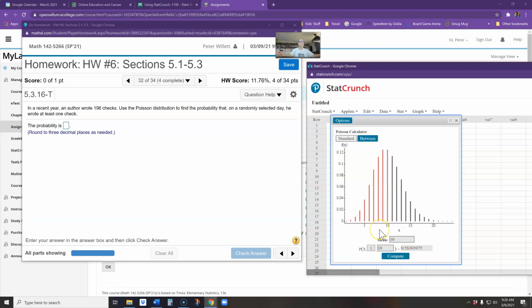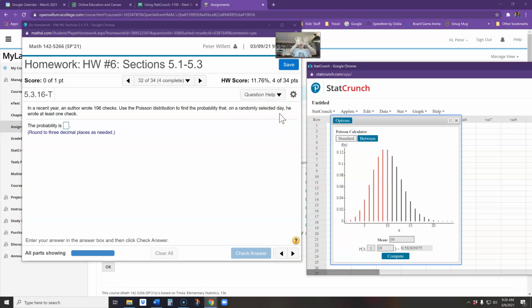So the mean will be the total number of occurrences divided out over the total number of opportunities for those occurrences. So in this case, it says in a recent year, the author wrote 196 checks. So 196 checks is the total of how many were written, but that's spread out over the course of a year. And they're asking about the chance of how many we got on a particular day.